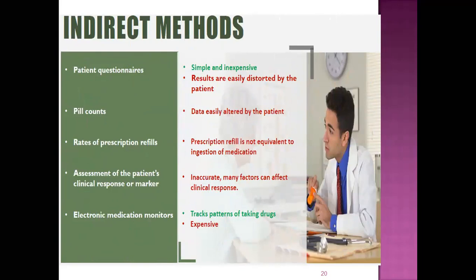Some questions are asked of the patients to identify avoiding of doses or unintentional skipping of doses, by asking simple questions. This method is simple and inexpensive compared to the direct methods, and results are easily found from the patients.